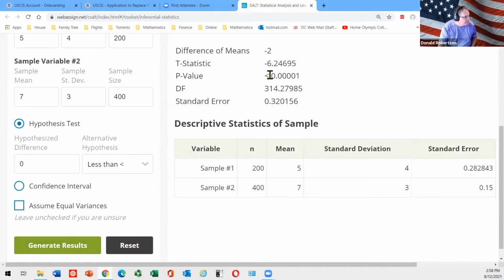And bingo, then we get a really nice p-value again. And so I'm going to just return to what that might look like when we write the results in. So we would be given a test statistic.